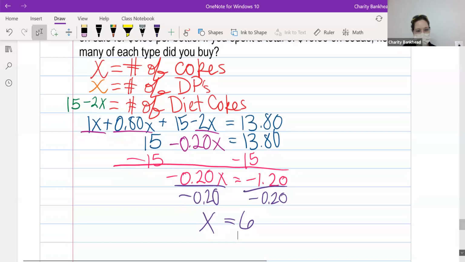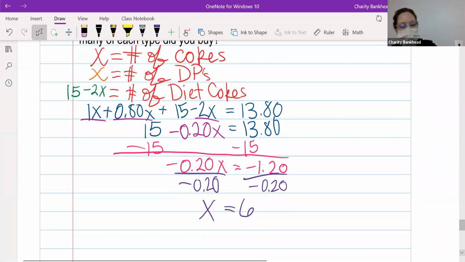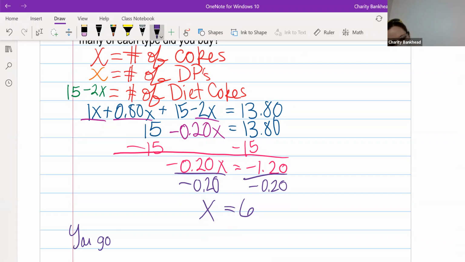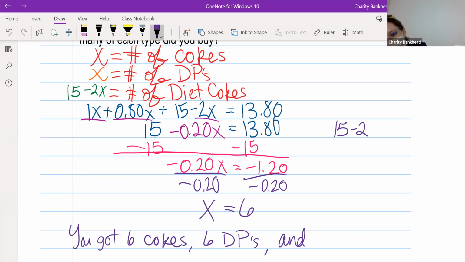So that means that you had 6 Cokes and 6 Dr. Peppers. And then we'll do 15 minus 2 times 6. So that's 15 minus 12. So that's 3 Diet Cokes.